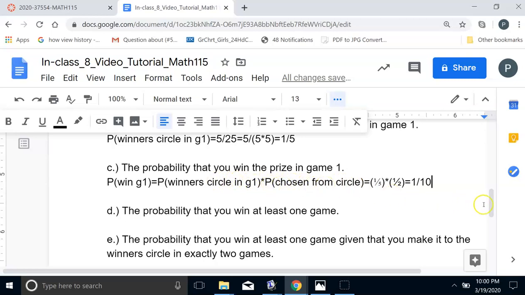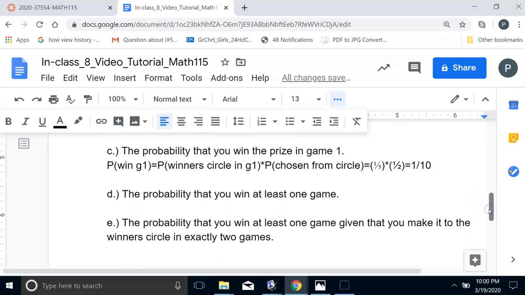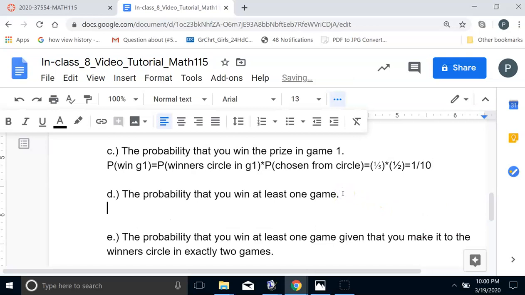Okay, so moving on to part D, the probability that you win at least one game. Let's take a look at that. So note, the probability that you lose game 1, say, equals, I claim, 1 minus the probability you win game 1.